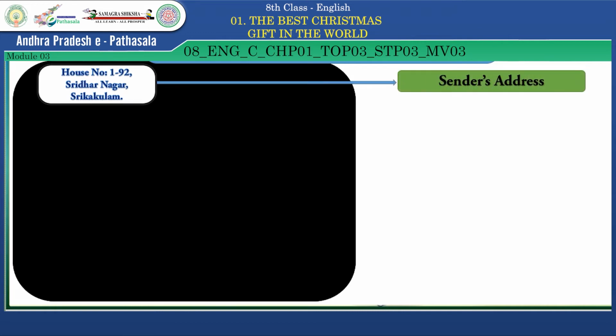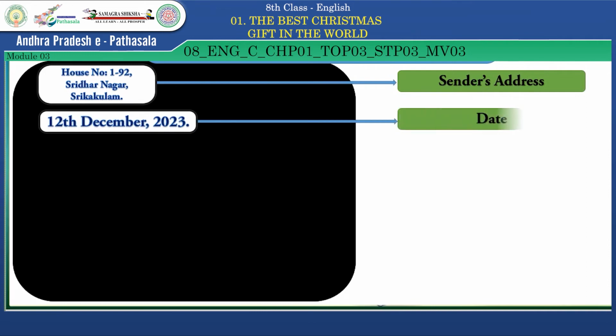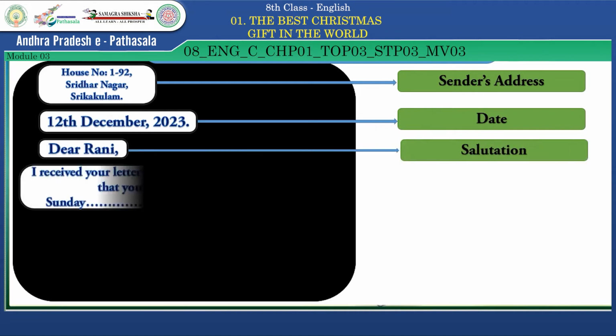Students, let us discuss all the elements of an informal letter at a glance. Firstly, house number 1-92, Sridhar Nagar, Srikakulam. It is the sender's address. 12th December 2023. It is the date. Next, dear Rani, salutation.